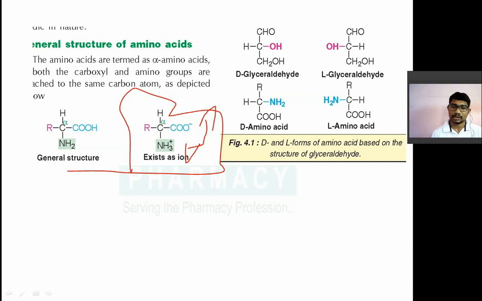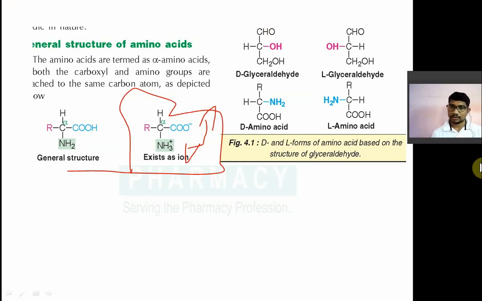You can see the structure and optical properties of amino acids. They may be compared like carbohydrates. The optical property of an amino acid can be depicted by giving reference to glyceraldehyde. So you can see the structure of glyceraldehyde.